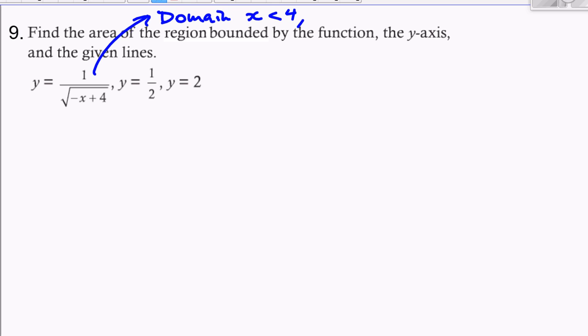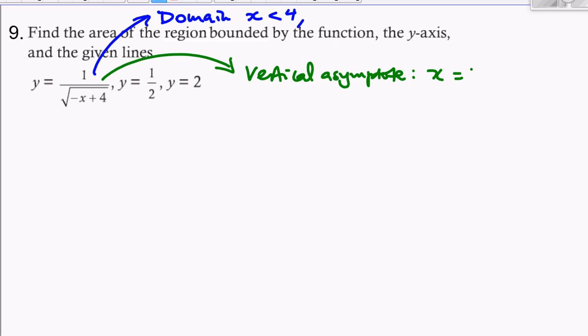The vertical asymptote, so again, this is just on this function. The vertical asymptote of this function will be x is equal to 4.